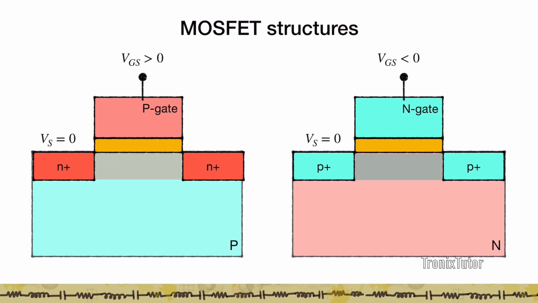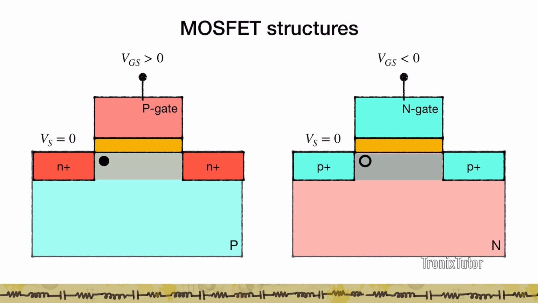On the other hand, in the PMOS, you apply a negative voltage and you create this wide depletion region, and eventually you create an inversion channel which is made up of holes, or positively charged particles. So the holes are present in the PMOS, and the electrons are present in the NMOS. Remember, the source in both these structures is 0.